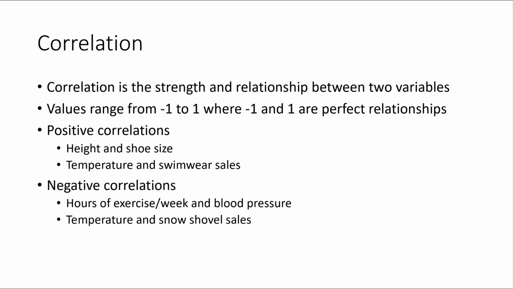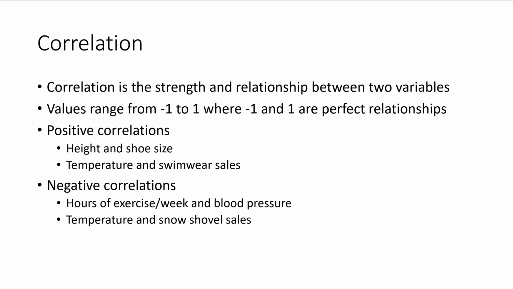Some examples of negative correlations, that is, as one variable goes up, the other variable goes down. So those are correlations closer to -1. So for example, hours of exercise per week and blood pressure. So if you exercise regularly, you typically have lower blood pressure. It's not 100%, but often the more you exercise, the lower your blood pressure.